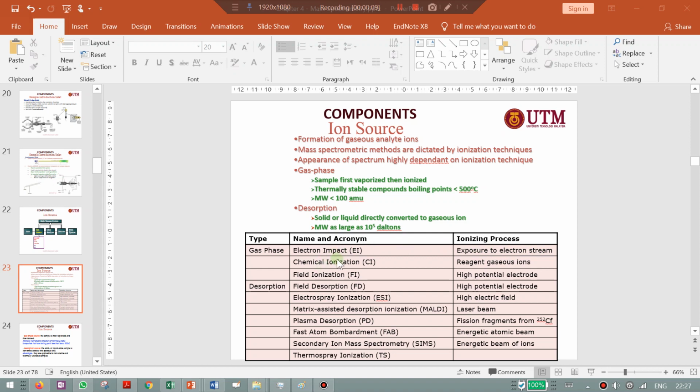Chemical ionization, as its name suggests, uses a reagent gaseous ion, which reacts with our molecule to form a molecular ion. For field ionization, we use a high potential electrode to produce ions. For FD we also use a high potential electrode, and for ESI we use a high electric field, and so on. We will look into a few important ionization techniques after this.